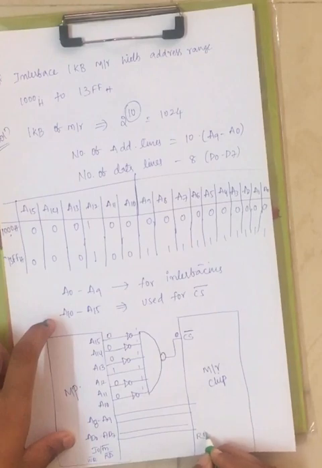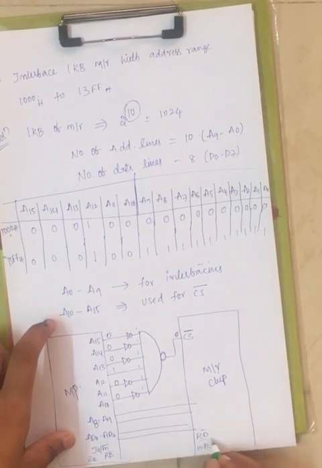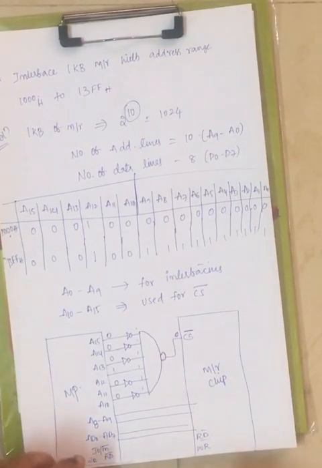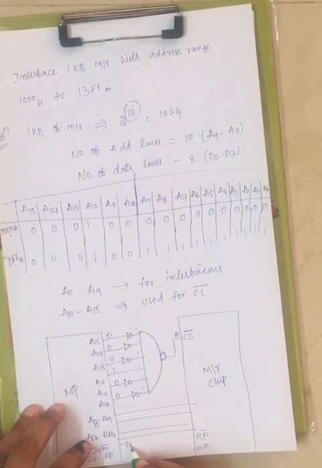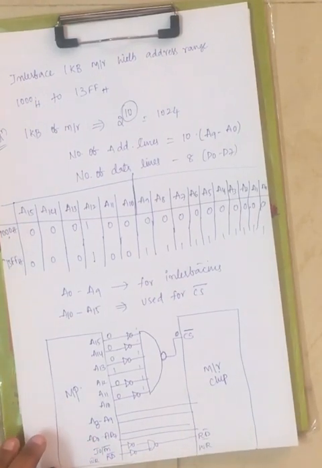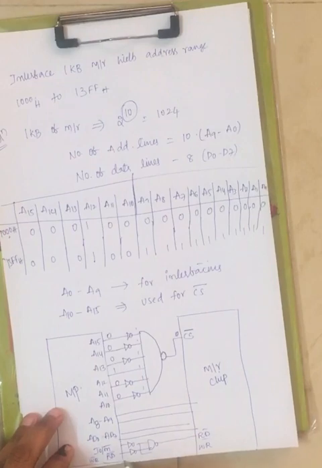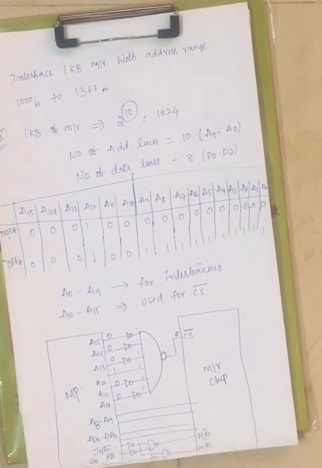If it is memory read, this should be active low and the read signal should be active low. These are NAND gated and connected to the read signal. If it is memory write, this with the write signal inverted is NAND gated and connected to the write signal.